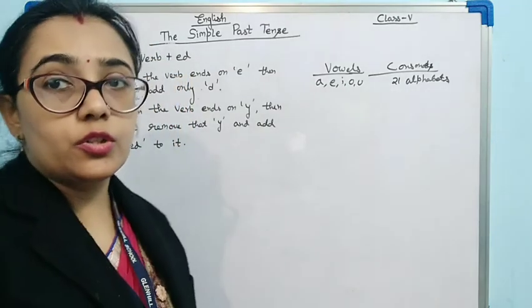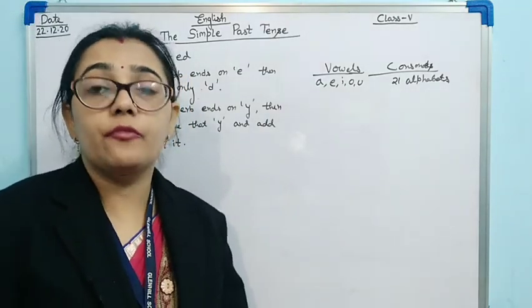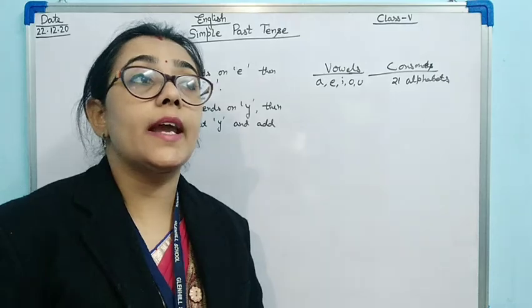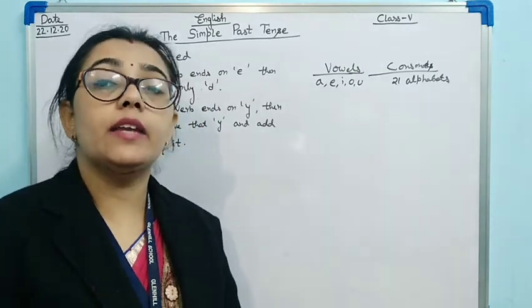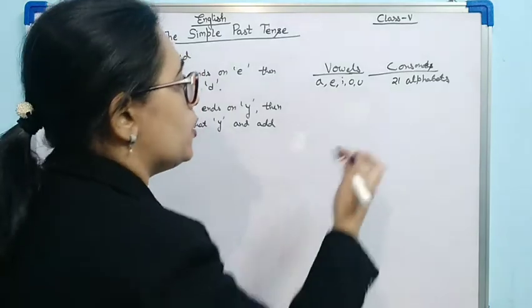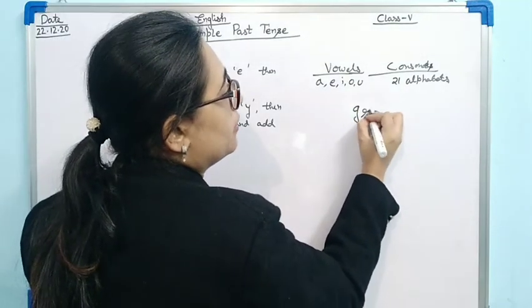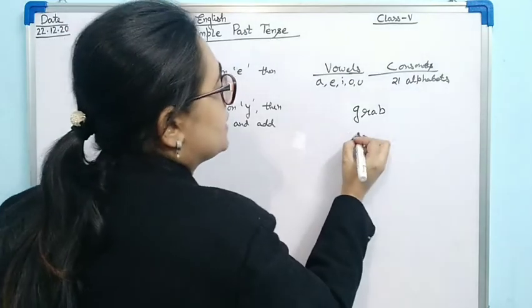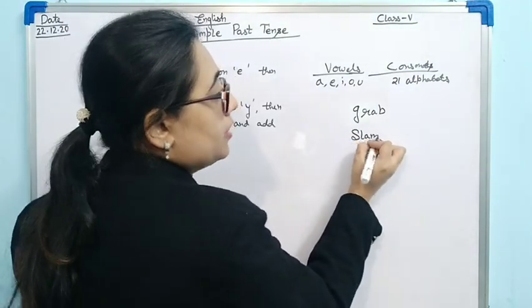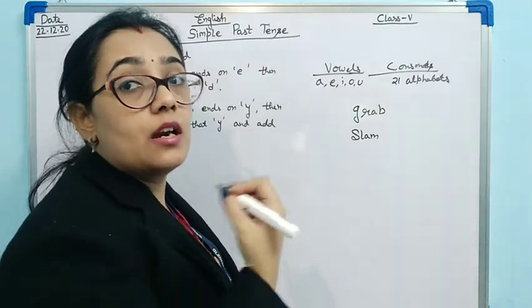So if any short verb is there which is ending on a consonant, then we will double the consonant and then we will add ed. Like suppose grab, slam. What will we do? We will just double it.